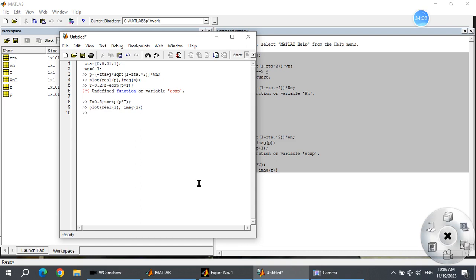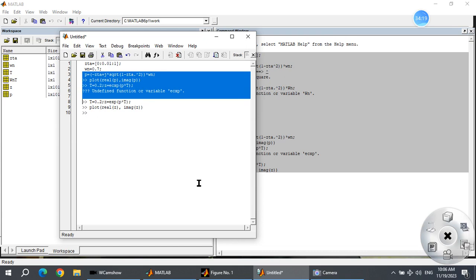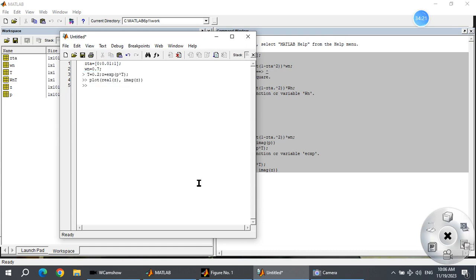So this is for fixed omega n, and then I have a p, and then I plot. I give a t firstly, and then z equal to... I calculate TP, then I calculate what is a P. This is in S domain.